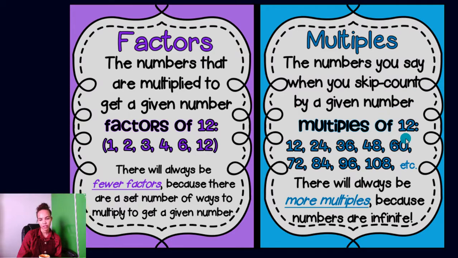Multiples of 12, for example. 12 times 1 is 12, so that's the first multiple of 12. 12 times 2, that's 24. 24 is a multiple of 12 and of 2. 36 is a multiple of 12 and of 3. 48 is a multiple of 12 and of 4.